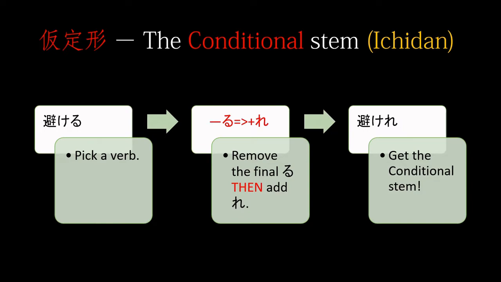Sakeru becomes sakere. So the most important thing here is to remove the final ru, then add re, and you are completely set, and you have received the conditional stem, sakere. So once again, sakeru becomes sakere because the final ru has been removed and replaced with re.